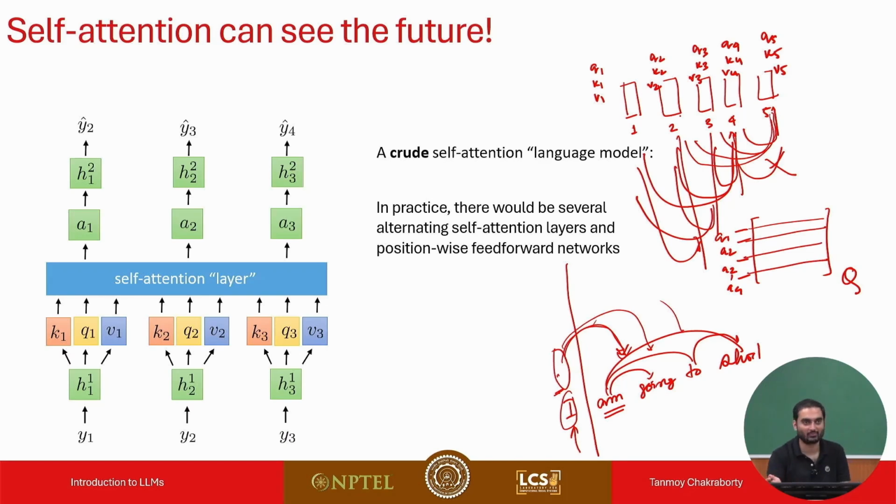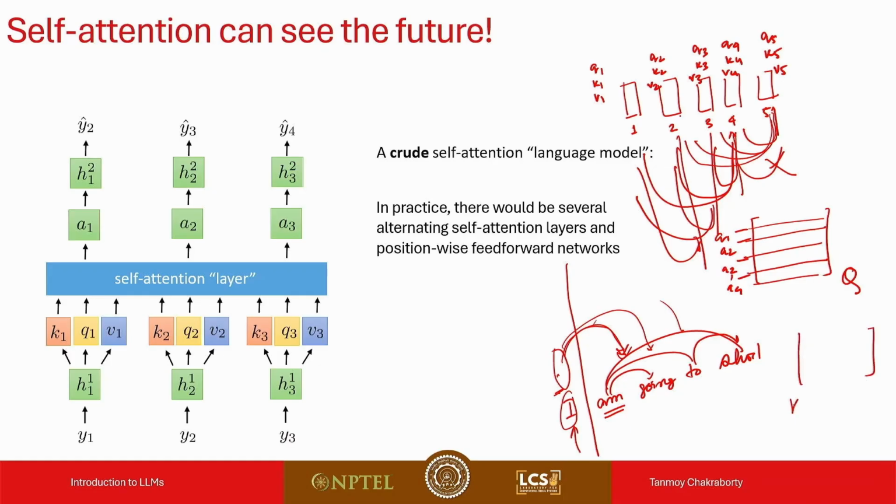If you don't do matrix operations, then you won't be able to leverage GPUs and TPUs, for example, tensor processing units. And then let's say the key matrix contains all the keys. Let's say keys are stored column wise: K1, K2, K3, K4, K5. So this is your Q, and this is K.